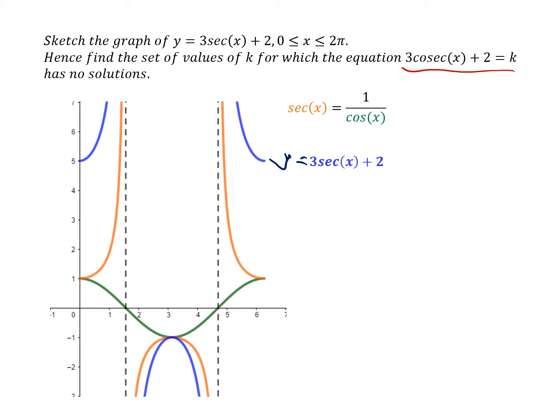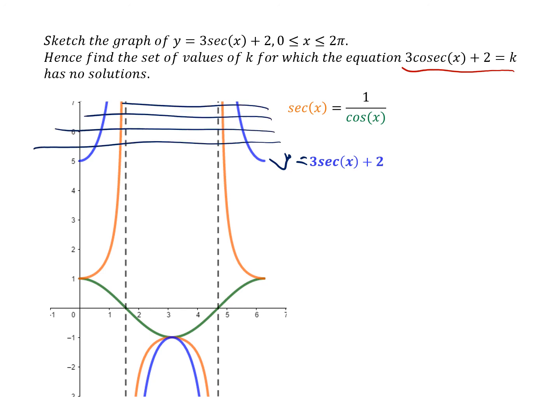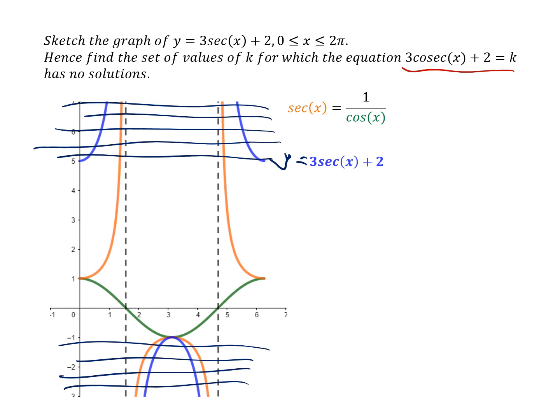When we look at the graph, the top part of the graph, then y can have values of 5 and above. It can have values of -1 and below. These are all values of y here, which are -1 and below. These are all values of y which are 5 and above.